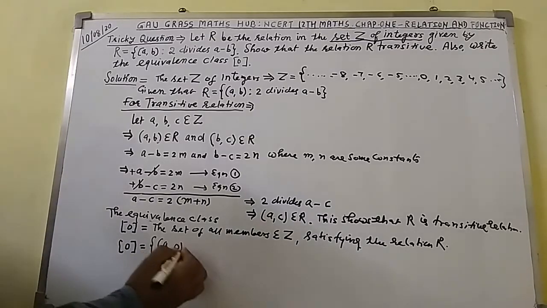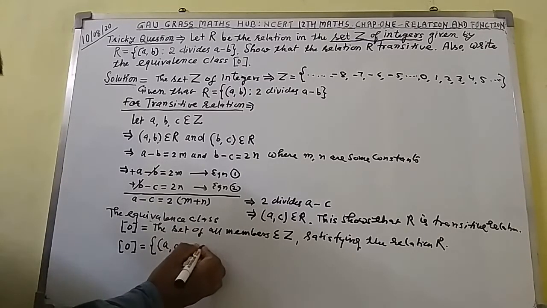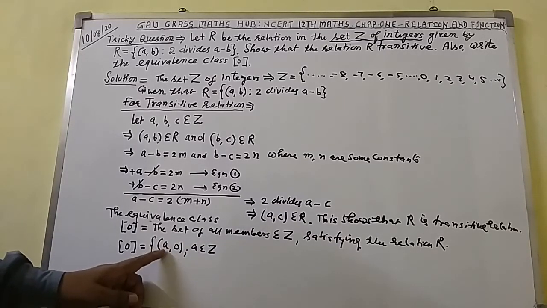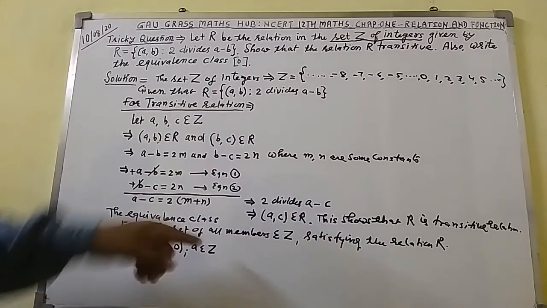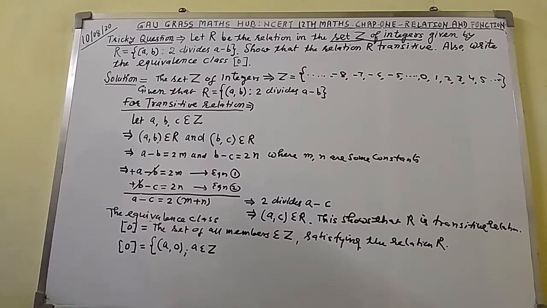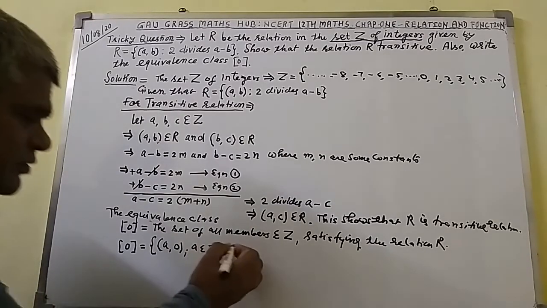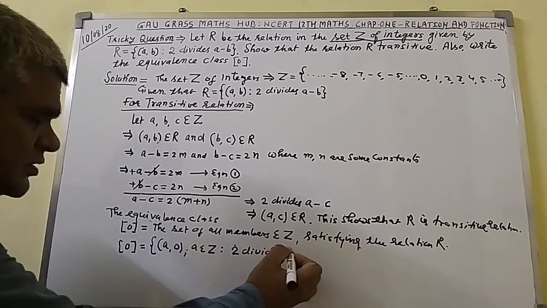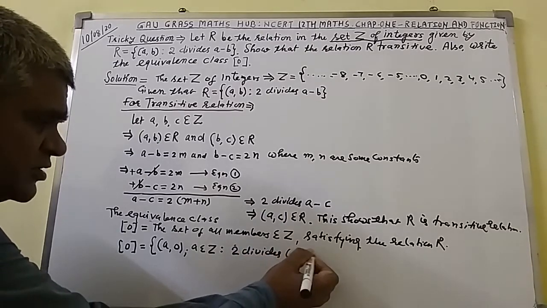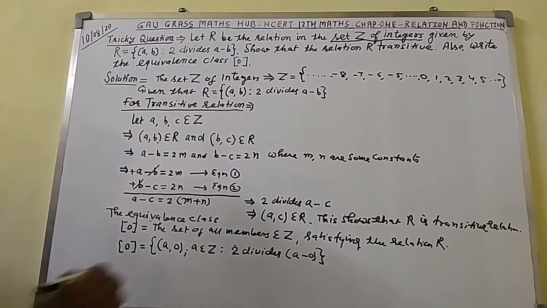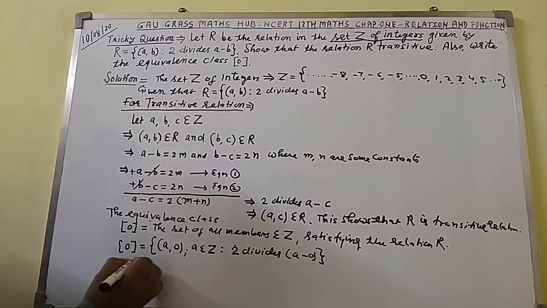Here you can write a belongs to capital Z, such that 2 divides (a minus 0). Now you have to find the members.